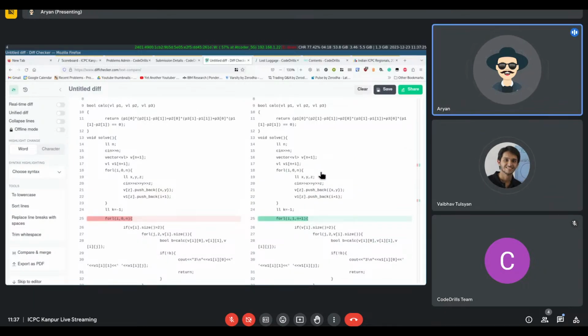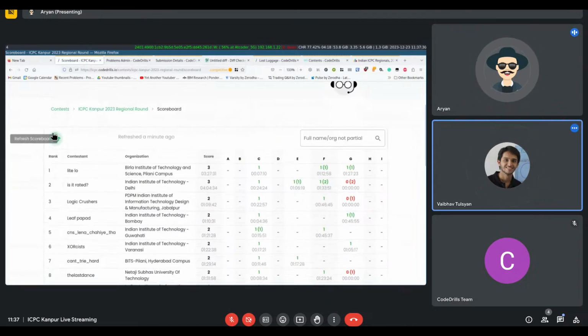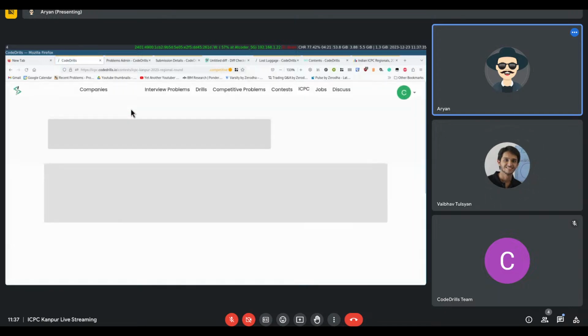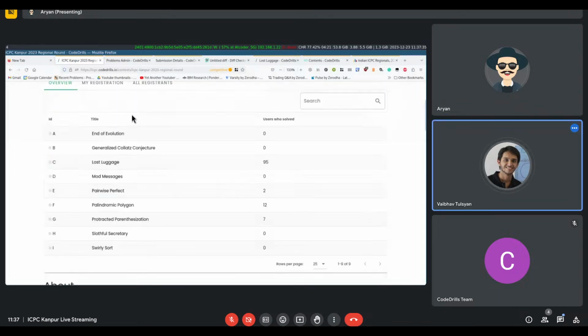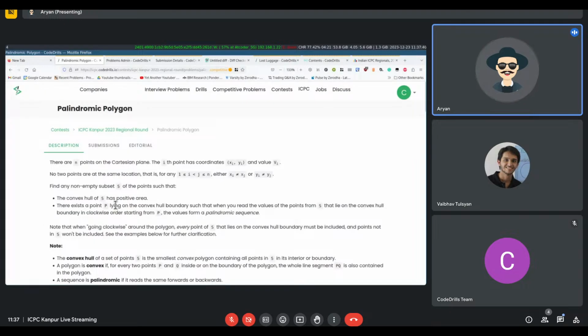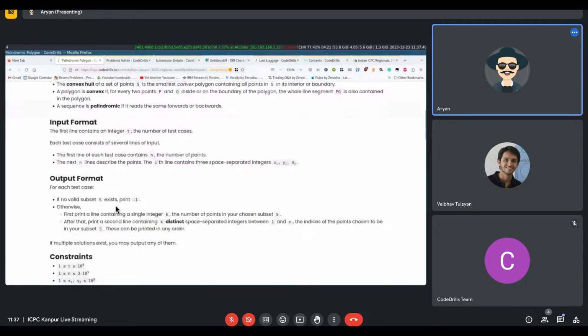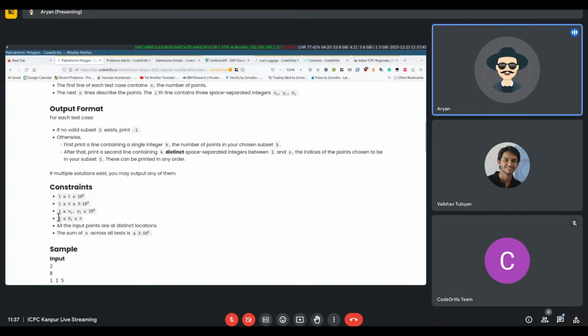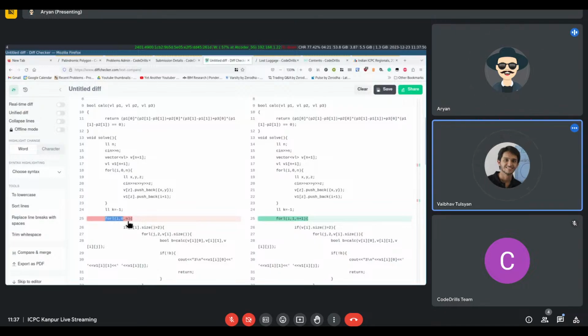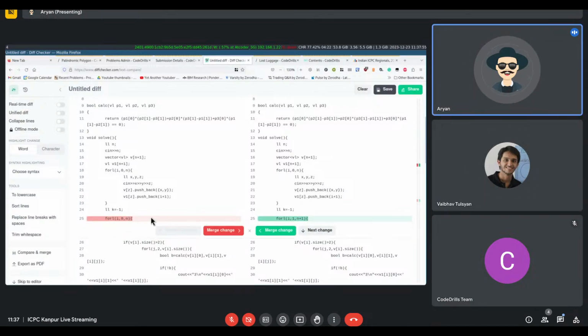I don't know why. Let me just check the problem statement once. I believe that should have got an issue. Okay, palindromic polygon. The constraint says i lies between 1 to n, and it says 0 to n plus 1.